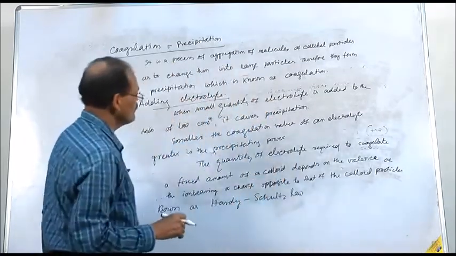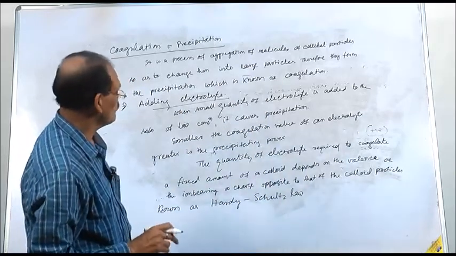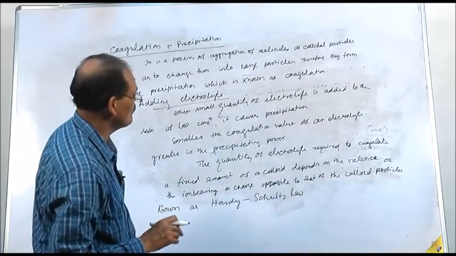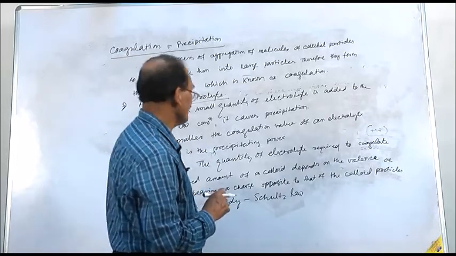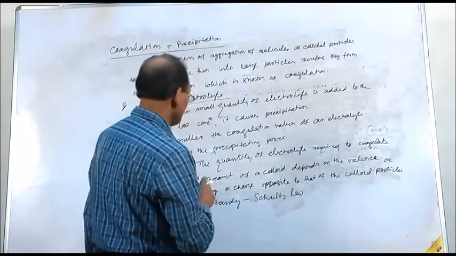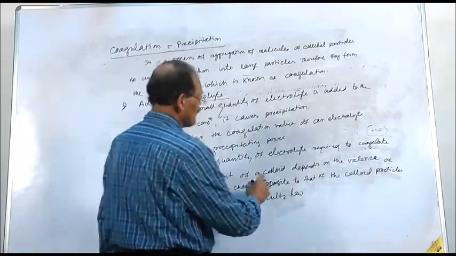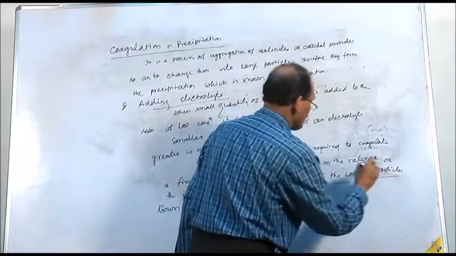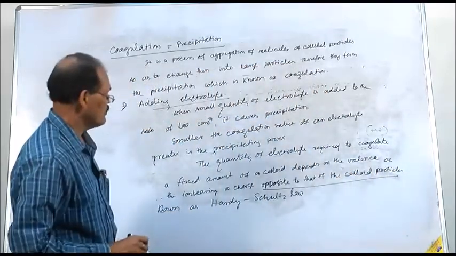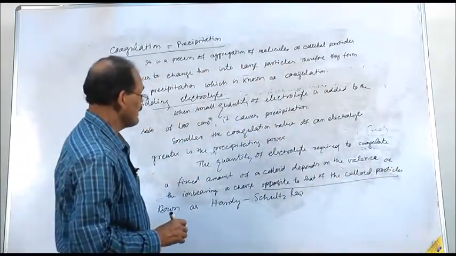What is that? The quantity of electrolyte required to coagulate a fixed amount of a colloid depends on the valence of the ion bearing charge opposite to that of the colloid particles. This is known as the Hardy-Schulze law.